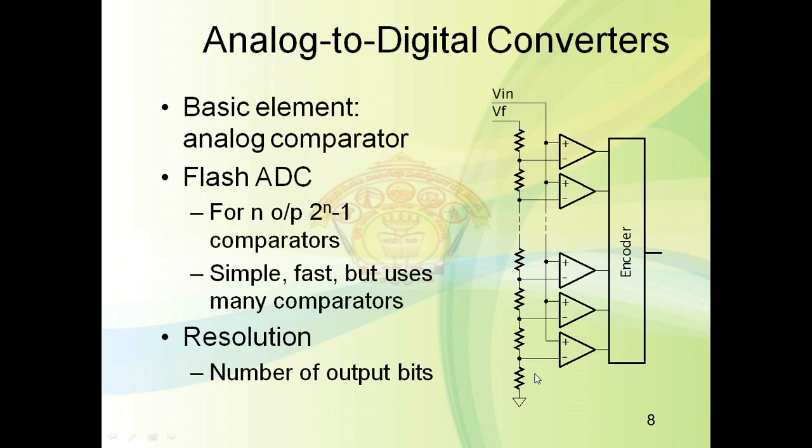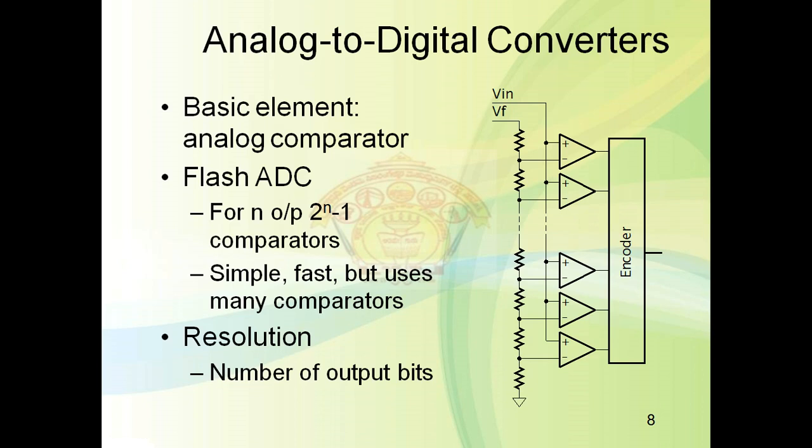Okay, so the converter with n output bits consists of a bank of 2 raised to n minus 1 comparators that compare the input voltage with the reference voltage derived from a voltage divider.